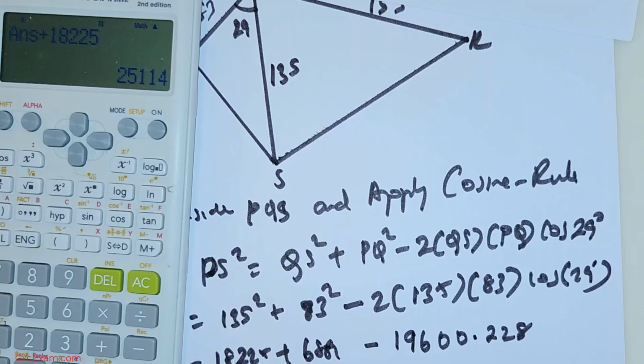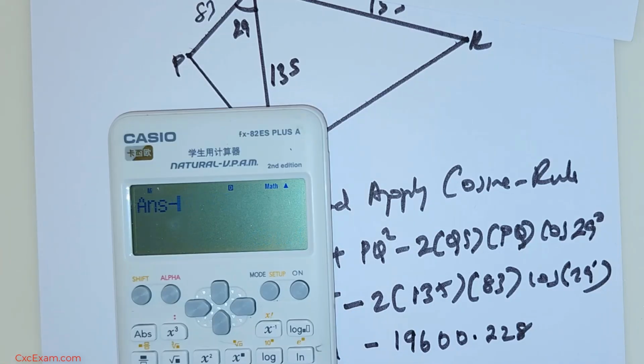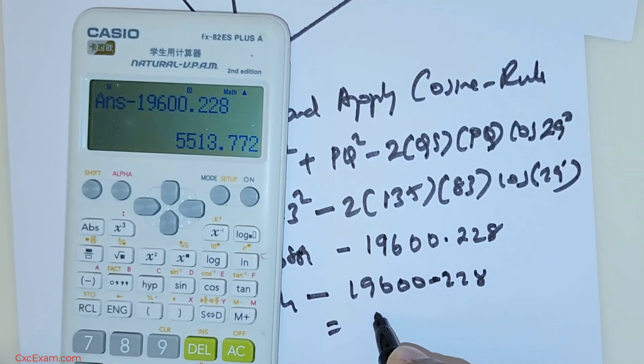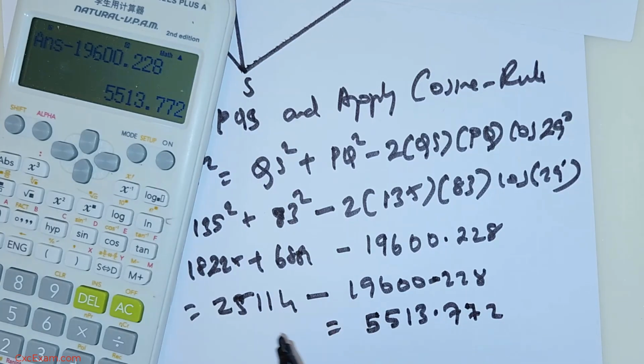So you get 25114. You subtract 19600.228. What do you get? You get a value of 5513.772.